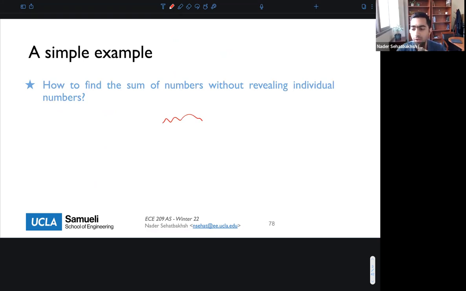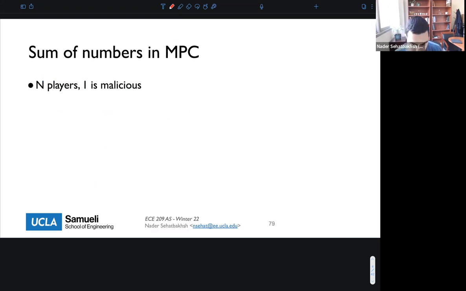I also gave you this example for finding individual numbers and finding the sum of the individual numbers. And I said that essentially what we should do is assuming that there is one malicious player and n players, and only one of them is malicious.